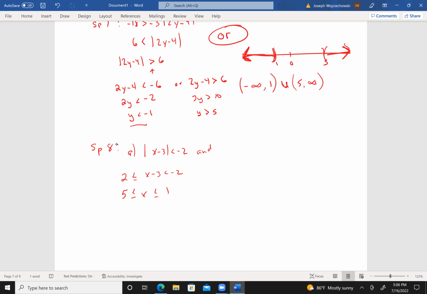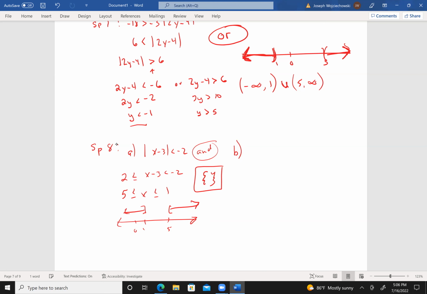I'm looking at x is greater than or equal to 5, that's this. And I'm looking at x is less than 1, that's this. And when are both of these true? They're not. So this is the empty set.